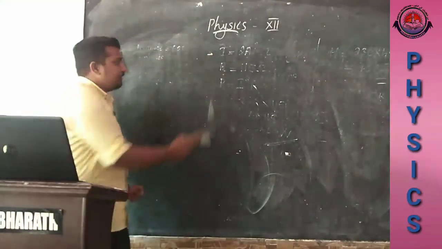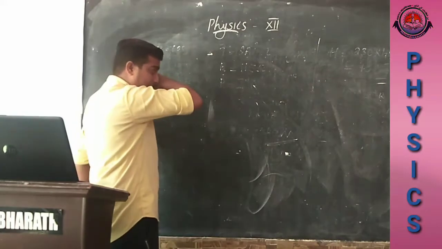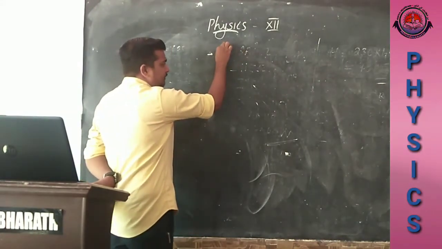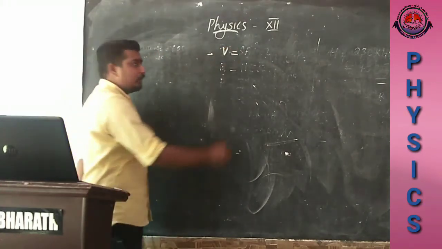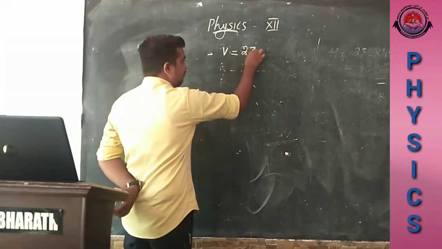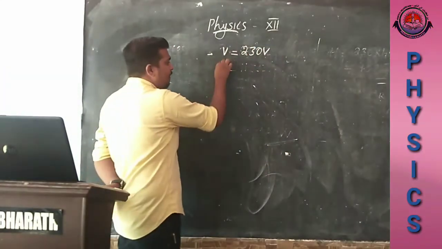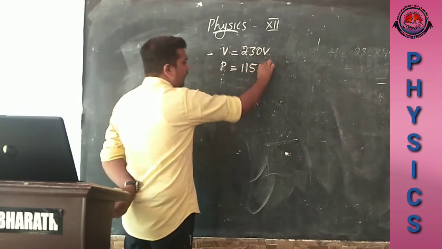Okay, what are the given values? V equal to 230 volt and power P equal to 115 watt.